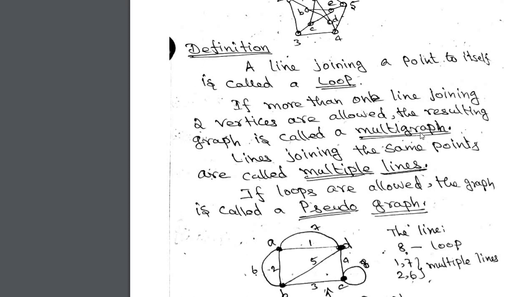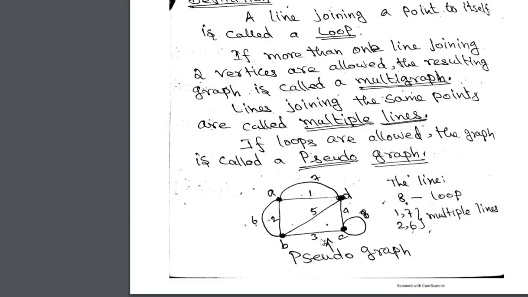Multigraph means if more than one line joining two vertices is allowed, the resulting graph is called a multigraph. If loops are allowed, the graph is called a pseudograph. Loops mean a line joining a point to itself. So if loops occur in the graph, that graph is called a pseudograph. If multiple lines occur, that is called a multigraph. And if a loop occurs, that is called a pseudograph.